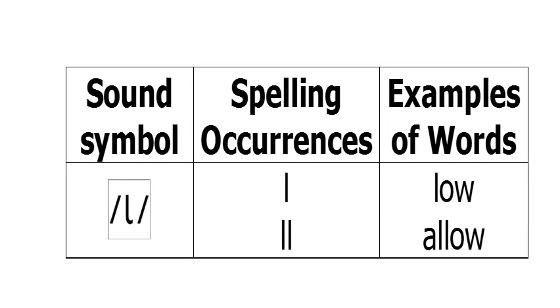The next sound is pronounced l. It is got from L or LL. So we have low, allow.